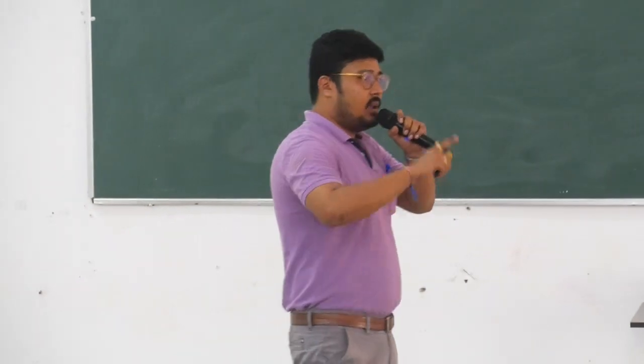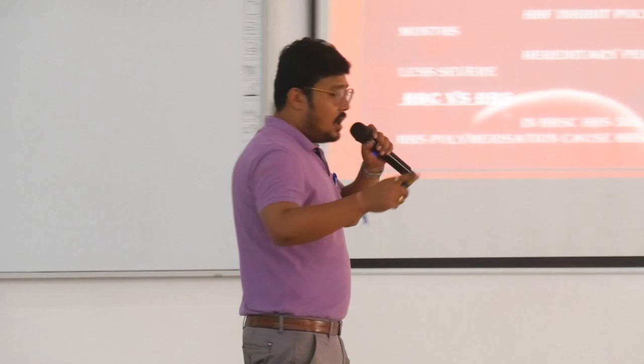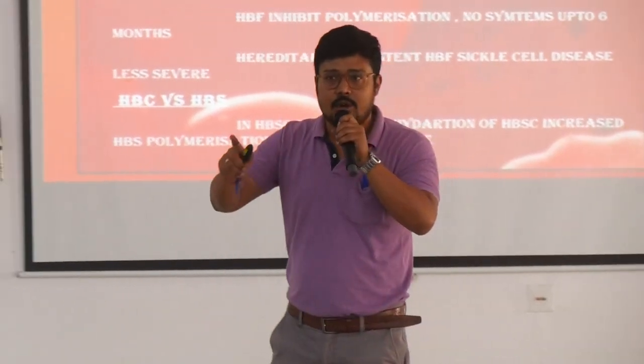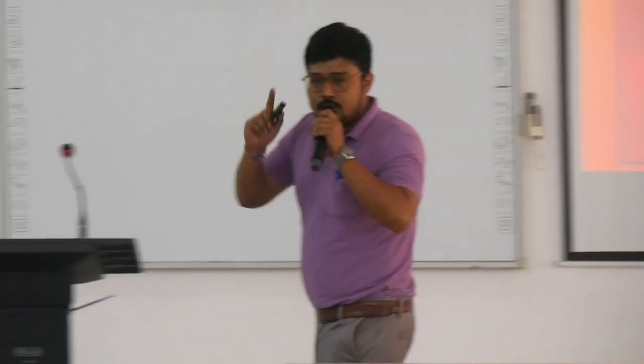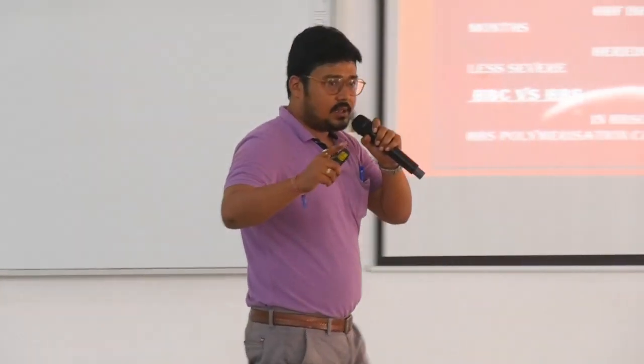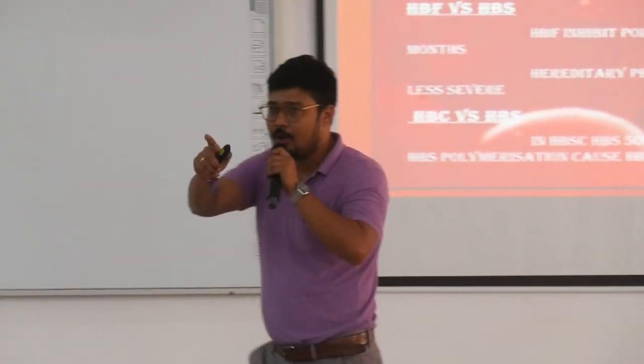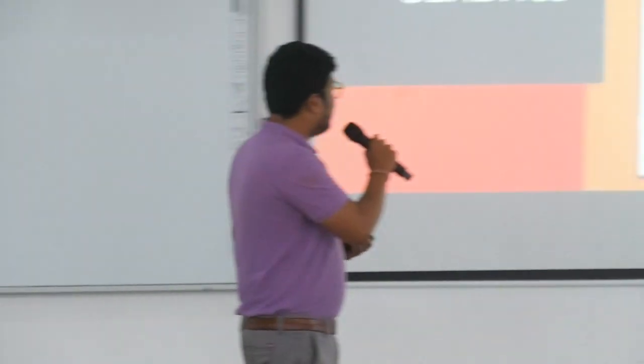As we saw earlier, hemoglobin F is the predominant form of hemoglobin up to 6 months of age, the neonatal age. So the episodes, clinical manifestations, symptoms or complications of sickle cell anemia usually don't manifest up to 6 months because of HbF. This is an autosomal recessive disease.